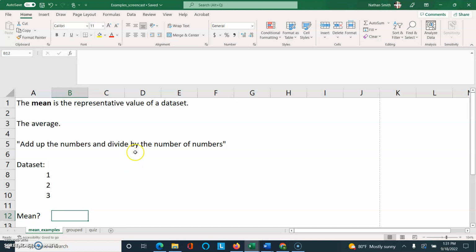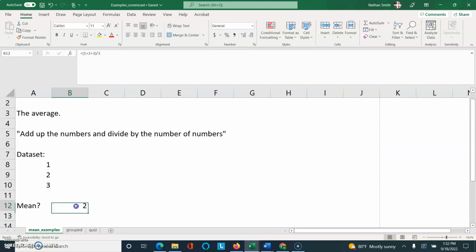So I can see that I have 3 numbers and I have data values of 1, 2, and 3, so all I have to do is add those up. 1 plus 2 plus 3. And divide by the number of numbers. I have 3 numbers, 3 data points. So the mean in this data set is just 2.